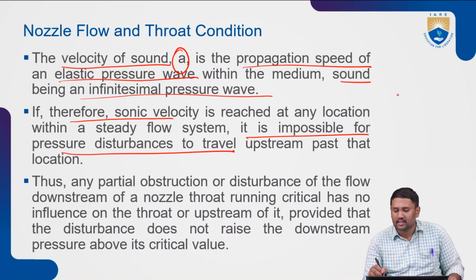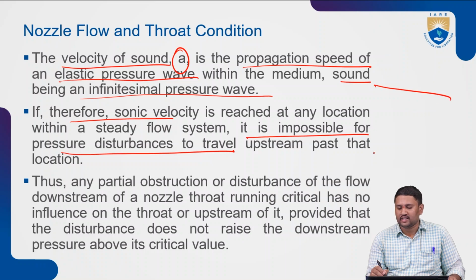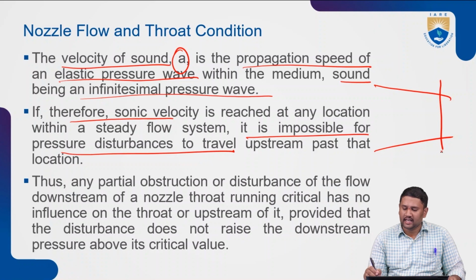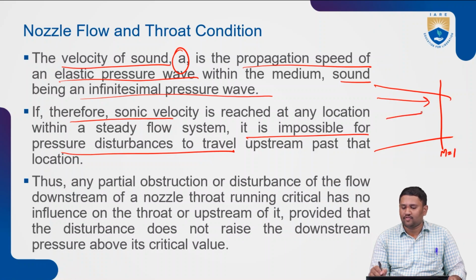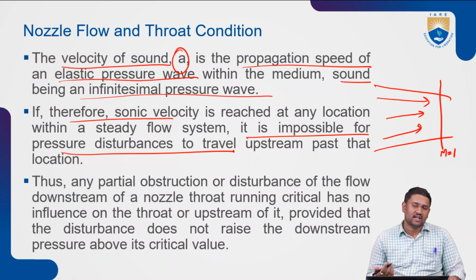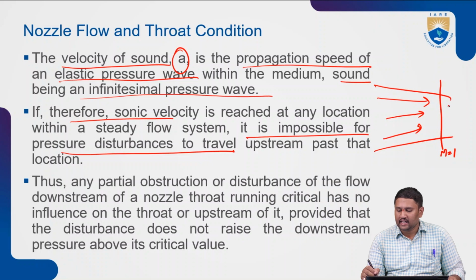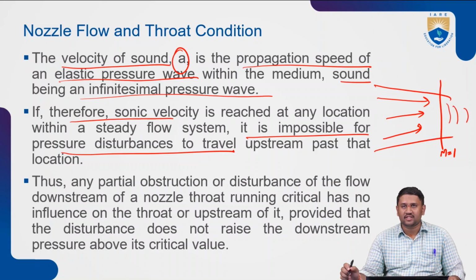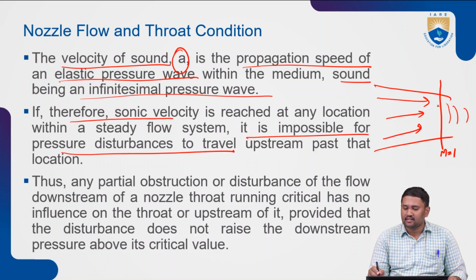Let's say, for example, on any flow, and I am not considering a complete nozzle, at this point you are getting the sonic condition, particularly Mach 1. If you consider this as the location where you have the maximum mass flow rate, particularly Mach 1, and you generate a shock wave, a pressure disturbance, it occurs only downstream rather than being transferred upstream.